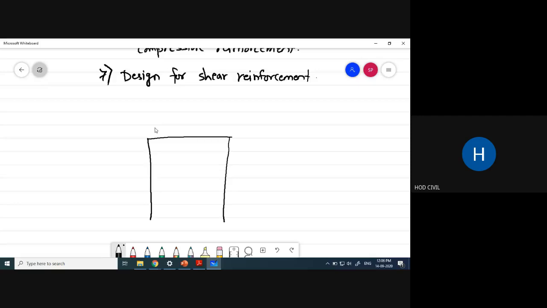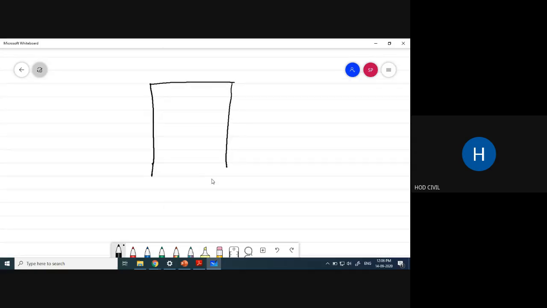So this is my beam cross section. I provided 4 bars of 20 in the bottom and 2 in the top, so these are 4 bars and 2 bars in the compression zone. Okay, so this is my neutral axis.